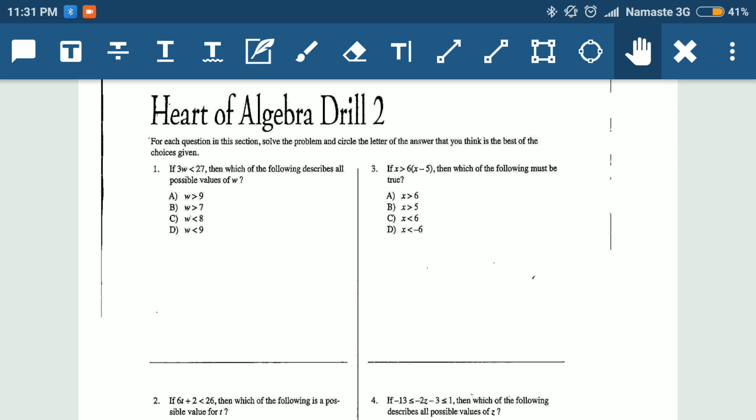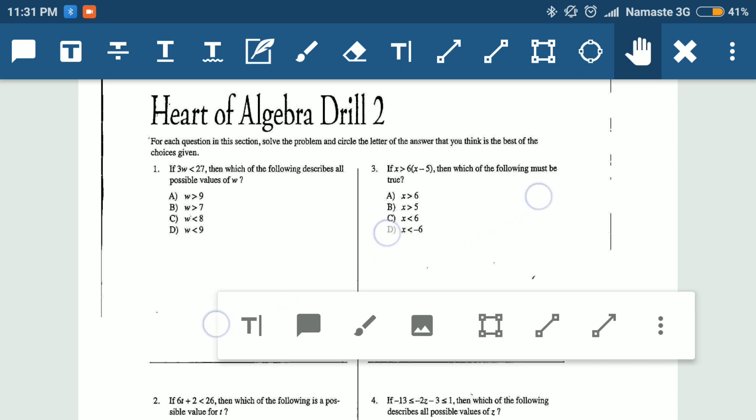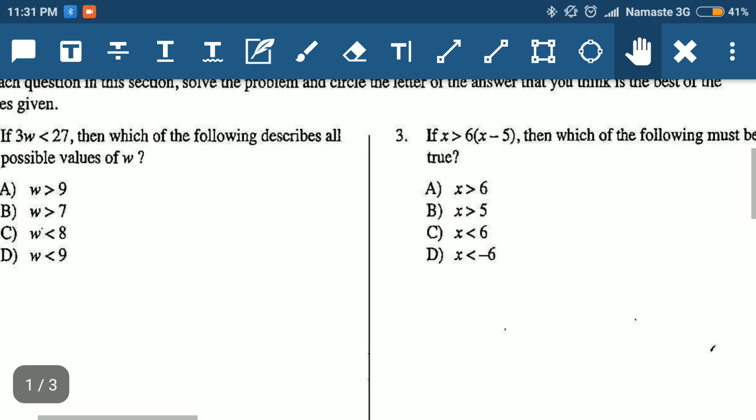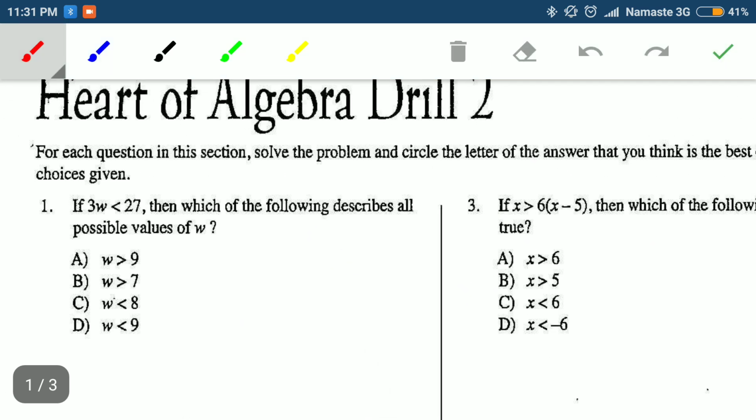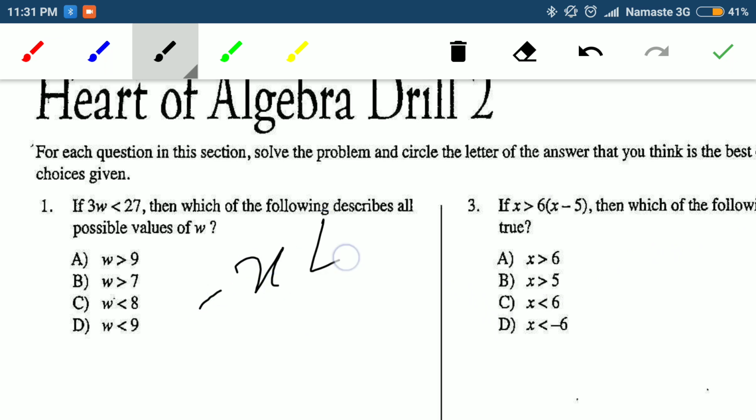For example, if our answer comes in this form, minus x is less than 2, that means we need to find the value of x. For x, we should say that x is greater than minus 2.